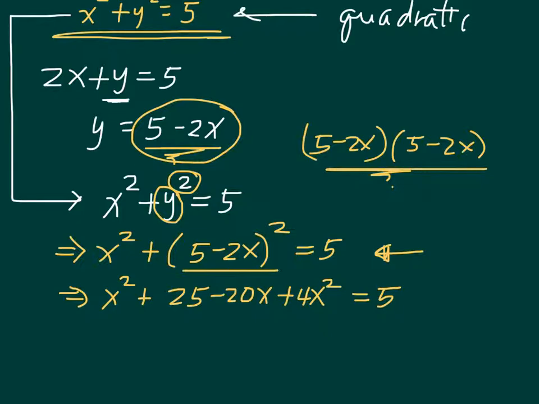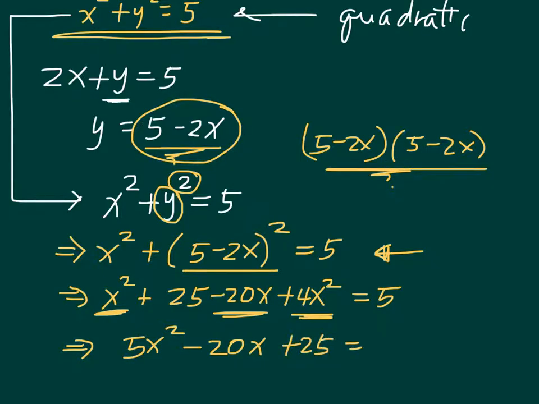After that, we look for similar terms. We have to make this equation simpler. So I can see a 4x squared and an x squared together, that's 5x squared, and then minus 20x. We cannot add anything to it because there's no other x. And then plus 25 is equal to 5.